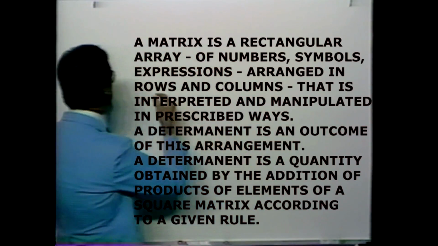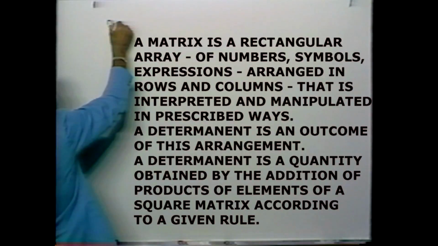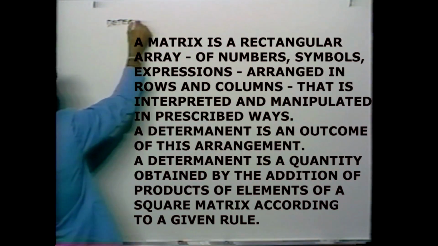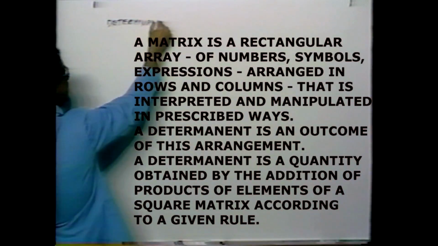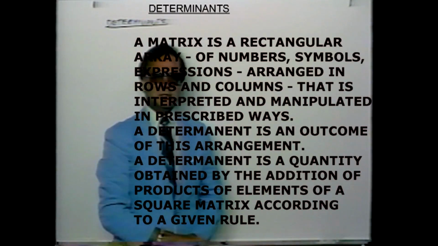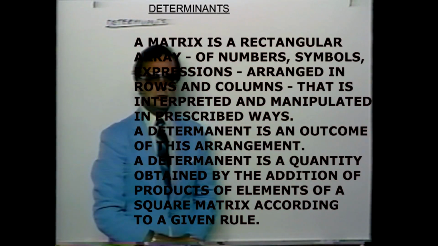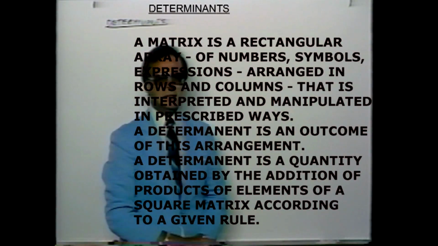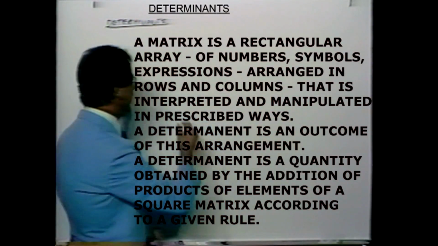The next method of solution is by determinants. I will explain what a determinant is first. A 2 by 2 determinant is an arrangement of 4 numbers in a square pattern.